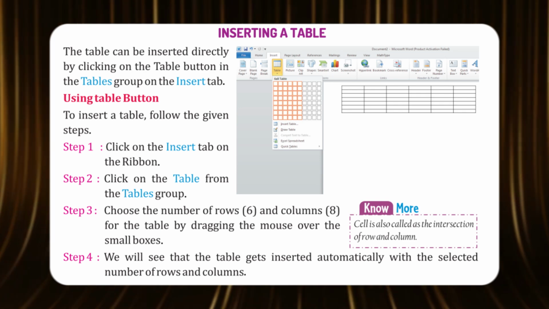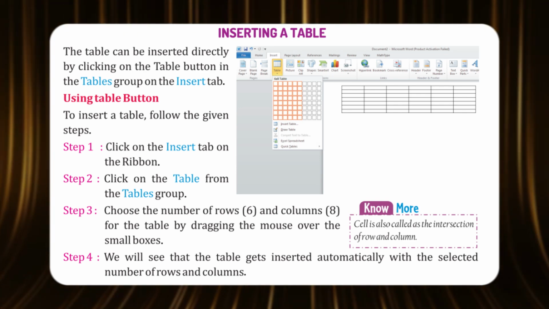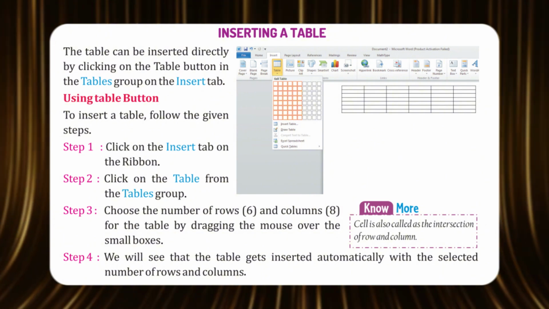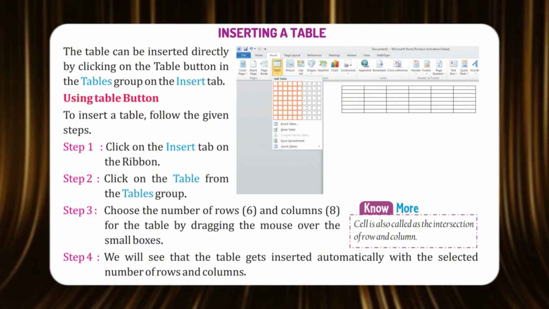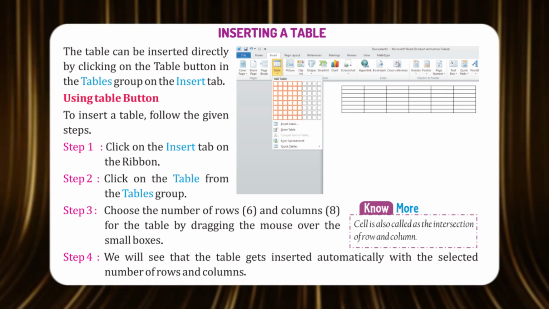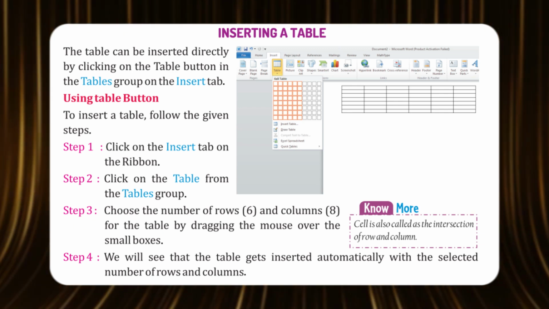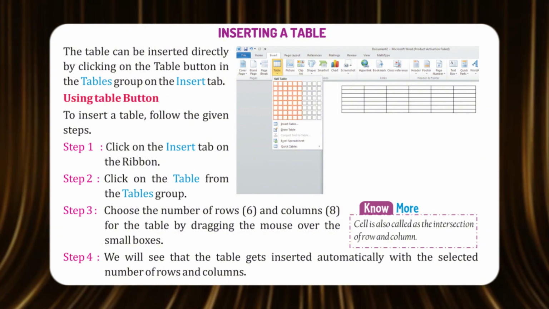Inserting a table. The table can be inserted directly by clicking on the Table button in the Tables group on the Insert tab. Using Table button. To insert a table, follow the given steps. Step 1. Click on the Insert tab on the ribbon. Step 2.